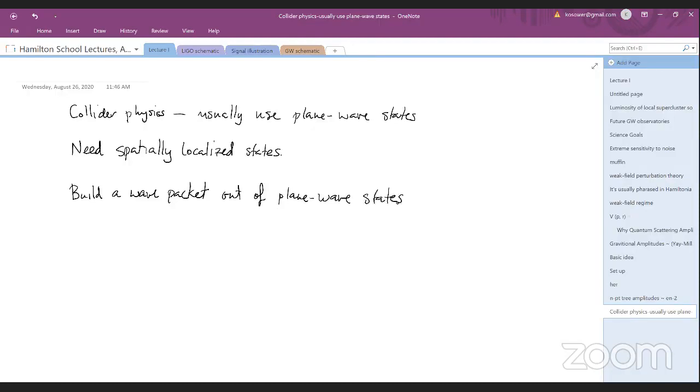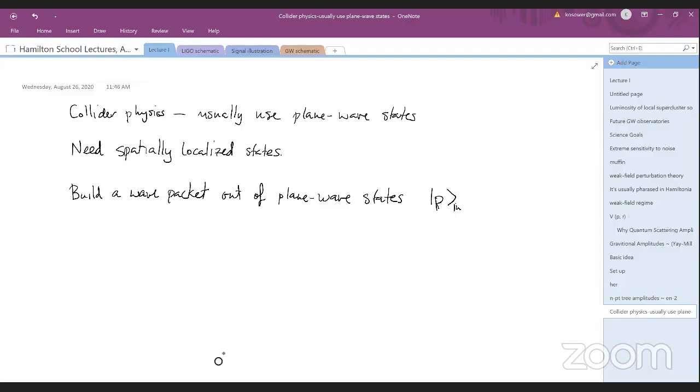So the plane wave states, if they're a single particle, are the usual plane wave states of quantum field theory. I'll put in a subscript here to denote that we're talking about the incoming states, which is where we really control the scattering experiment.